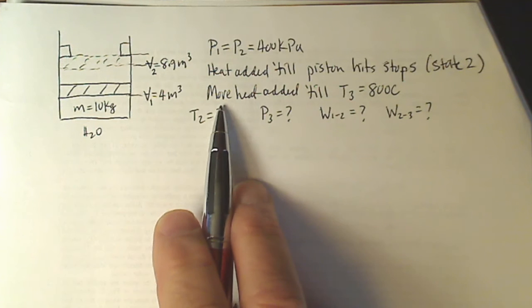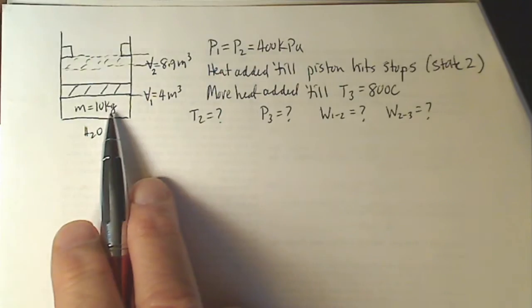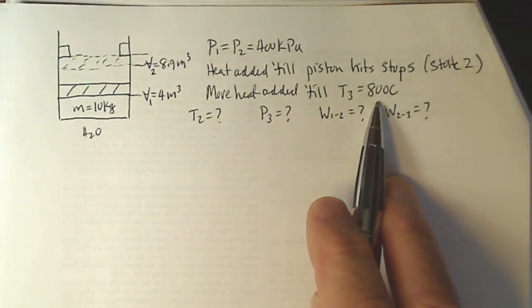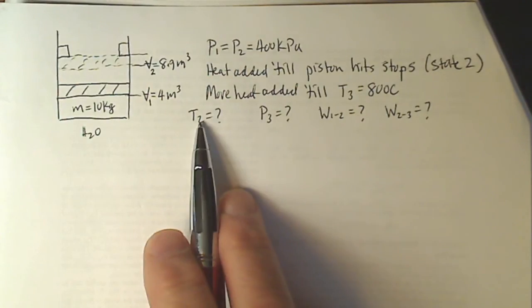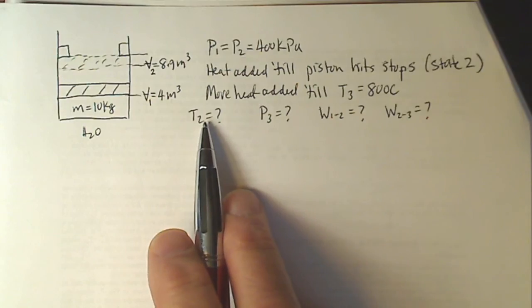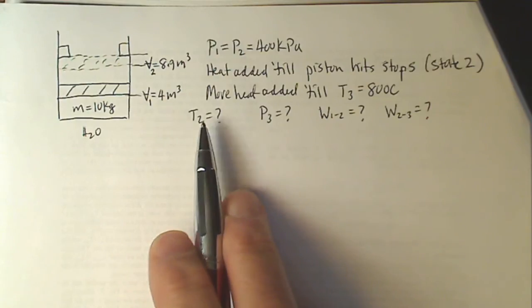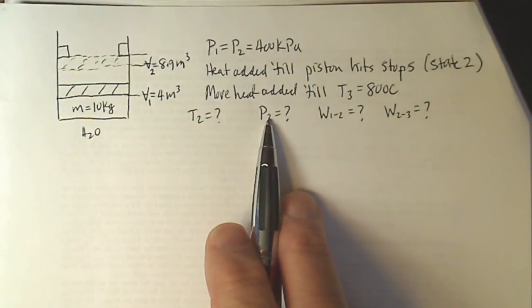And then additional heat will be added until the final temperature is 800 degrees Celsius. So the questions that follow are, what's the temperature at state 2 when it hits the stops, and what is the final pressure?